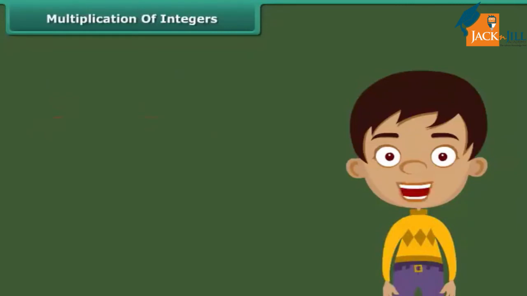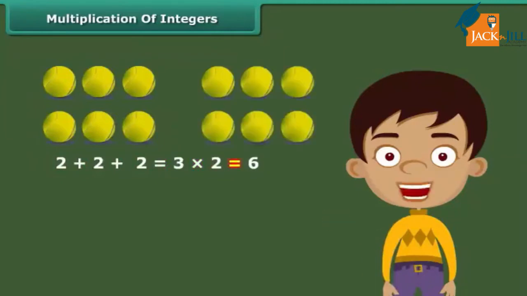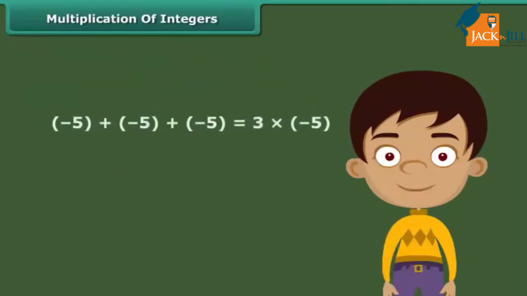We know that multiplication of whole numbers is repeated addition. For example, 2 plus 2 plus 2 is equal to 3 into 2, which equals 6. Similarly, multiplication of integers is also repeated addition. For example, minus 5 plus minus 5 plus minus 5 is equal to 3 into minus 5.